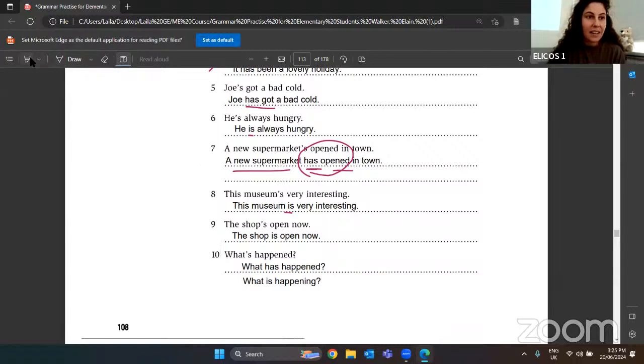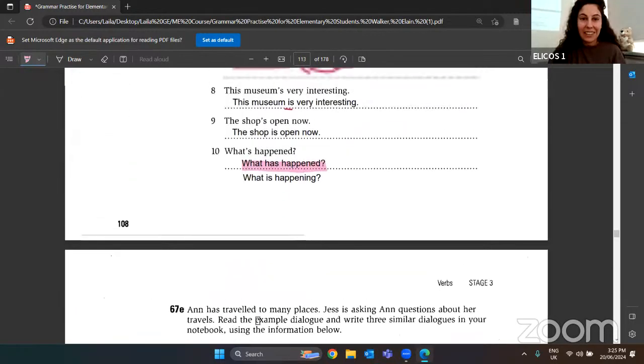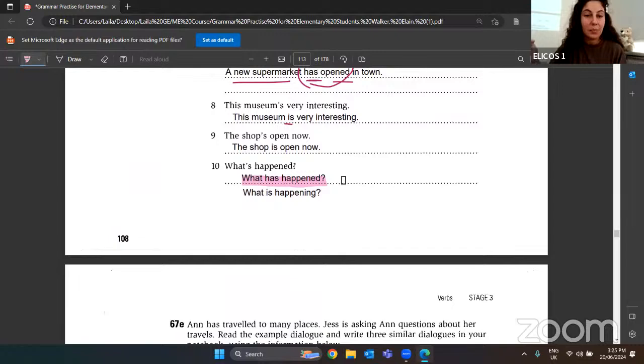So this one is what has happened, present perfect. What is happening is a similar question, but with a different grammar. It's the continuous.